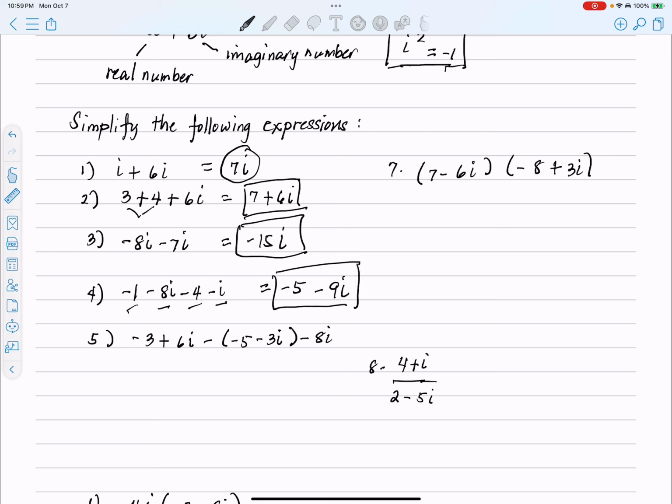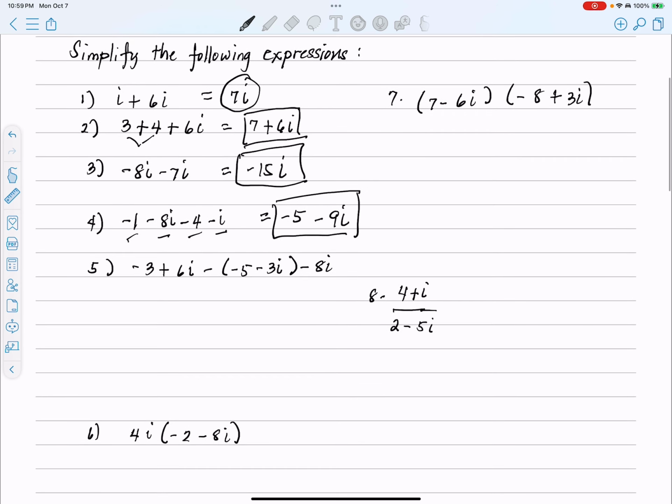So that is simplifying. This time, we're going to simplify when you are going to add and subtract. Let's simplify this first: negative 3 plus 6i minus the quantity of negative 5 minus 3i, minus 8i. Let's take out the parentheses.